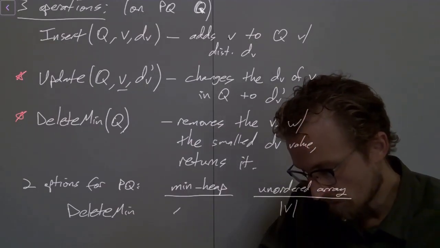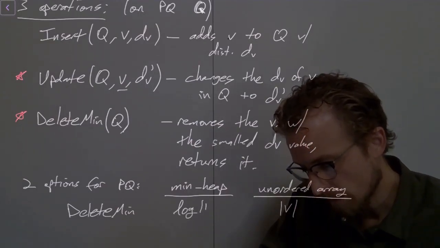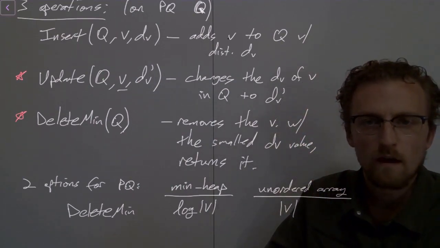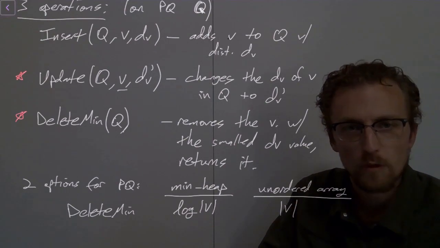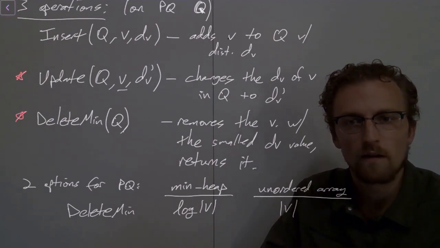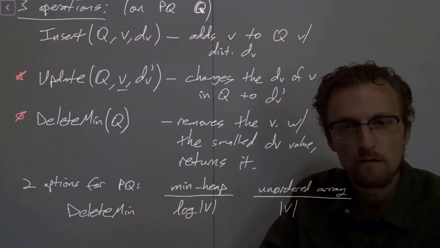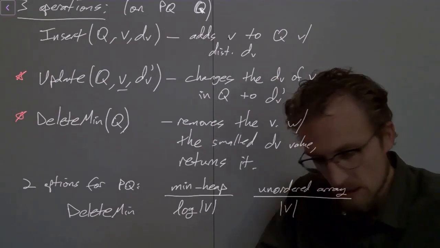If it's a heap, it turns out that it's much faster. It's log V. Here we're thinking about both of these as being a priority queue containing V elements. Okay, so that's delete min.